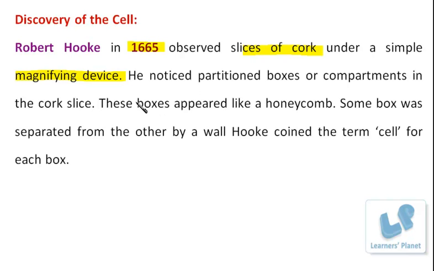To explain his observation, he said that they appeared like a honeycomb, and I know you are very much aware of the honeycomb. In this case, he found that the boxes were separated from each other by a wall. Since they were separated by walls, he said that there are small rooms present in the slices. And from this observation, he coined the term cell for each such box.